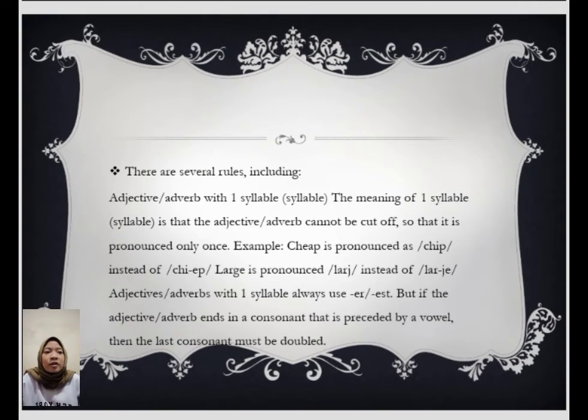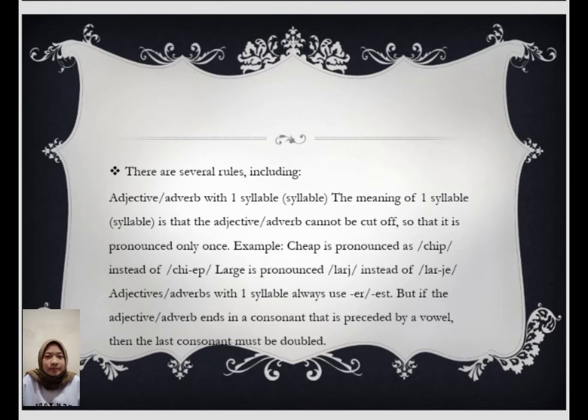There are several rules. Adjective or adverb with one syllable. The meaning of one syllable is that the adjective or adverb cannot be split and is pronounced only once.